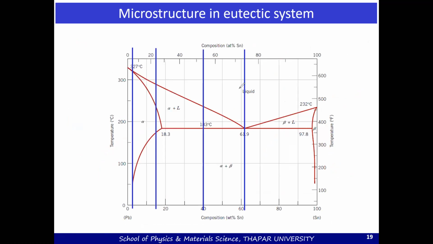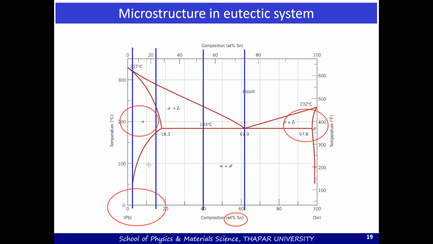If I ask you where is the alpha phase, your alpha phase is typically on the left hand side. And where is the beta phase? Your beta phase is typically on the right hand side. So if I ask you what is the concentration on the left hand side, your concentration on the left hand side of Sn is low concentration.